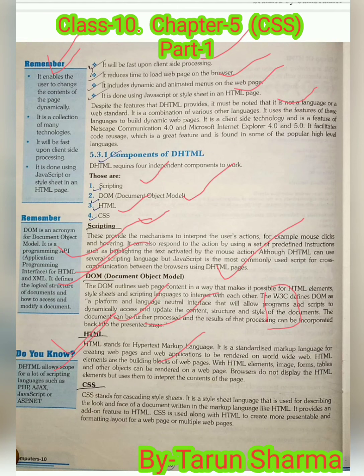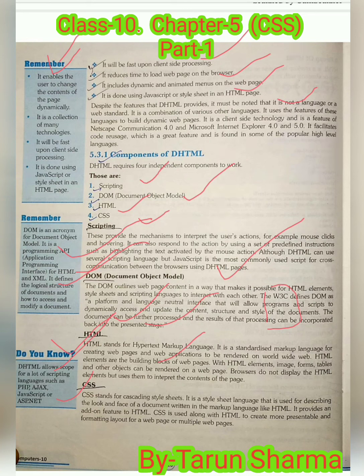Let us discuss our fourth point, CSS. CSS stands for Cascading Style Sheets. It is a style sheet language that is used for describing the look and format of a document written in a markup language like HTML. It provides an add-on feature to HTML.